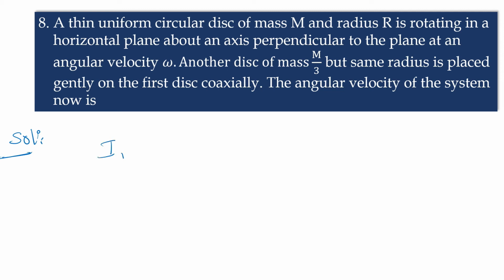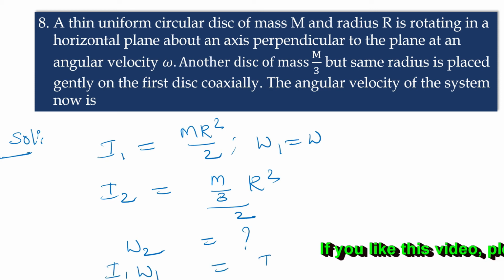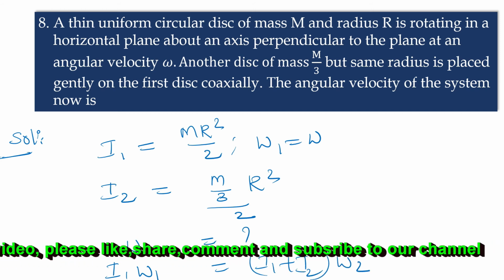I1, the moment of inertia, is equal to m r square by 2 and omega 1 is equal to omega. Next, I2 is equal to m by 3 r square by 2. Now we have to calculate omega 2. According to the law of conservation of angular momentum, I1 omega 1 is equal to I1 plus I2 of omega 2.